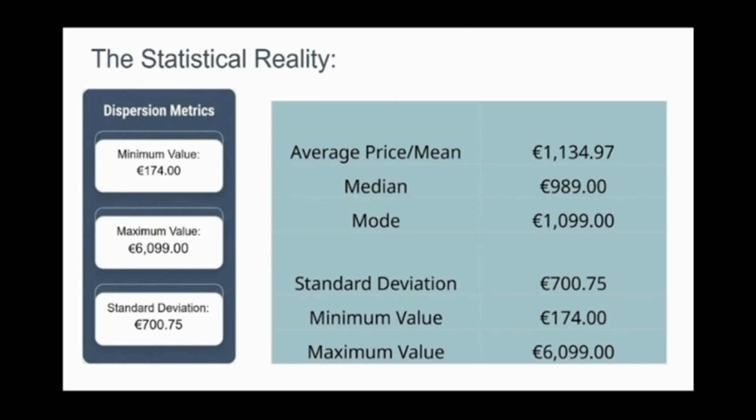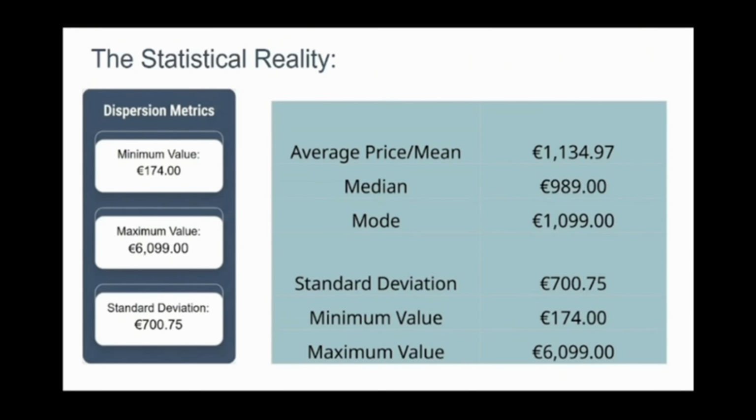We calculate a standard deviation of €700.75. This relatively high figure indicates significant price dispersion, meaning the prices are widely spread out across the market rather than being tightly clustered around the average.